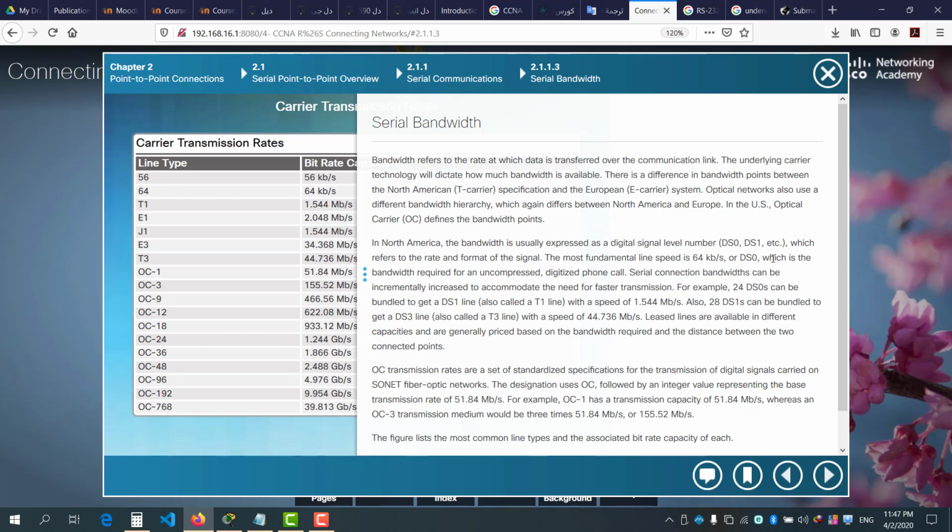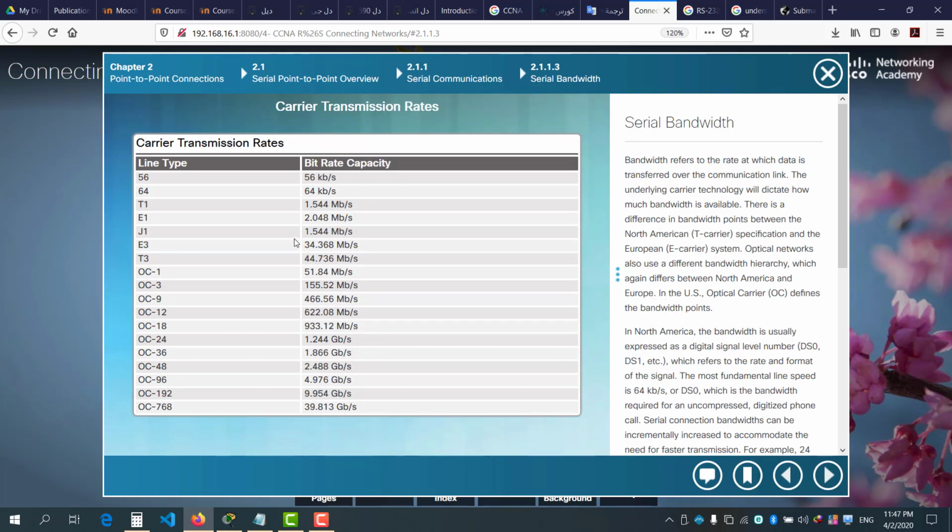But for example, if we have 24 multiplied by the capacity of 64 kilobit per second, this tends to DS1, which is equivalent to T1. So T1 is equivalent to DS1. Its capacity is 1.544.